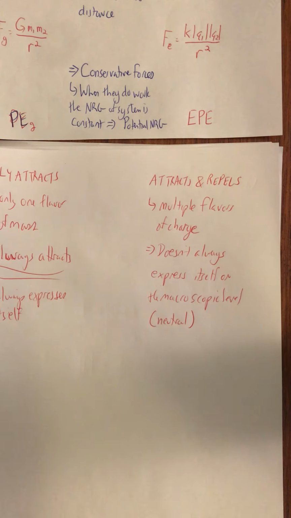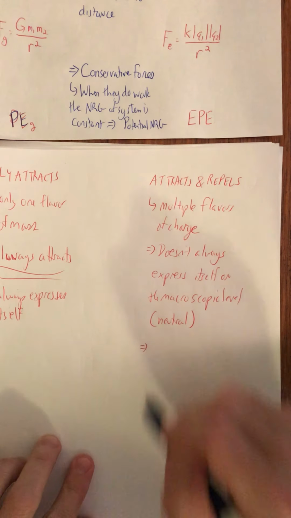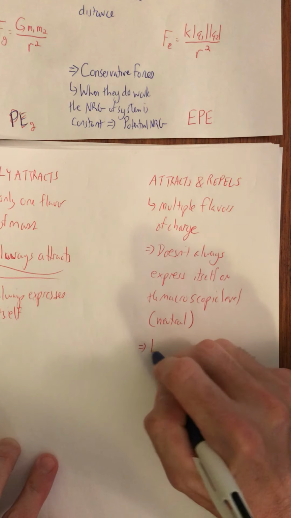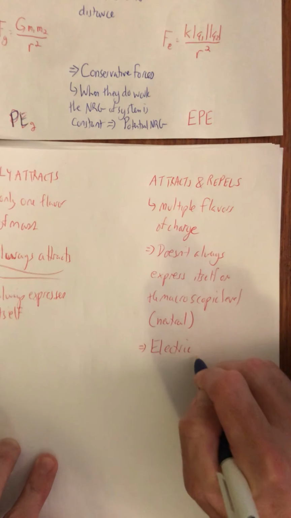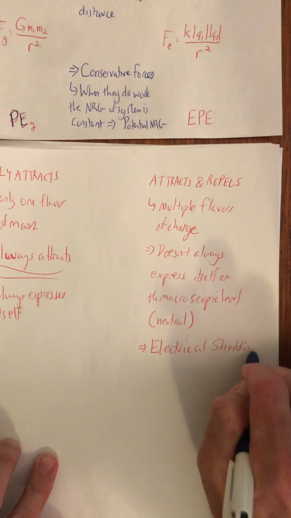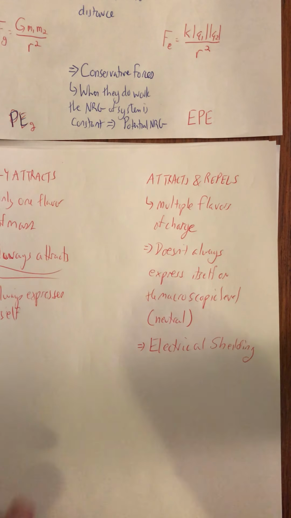Now, there's another thing that can happen here because of this. And we talked about it before when we watched some videos together, but now let's talk about this specifically. I described something called electrical shielding to you. Do you remember where that was? Right? Hopefully you remember.